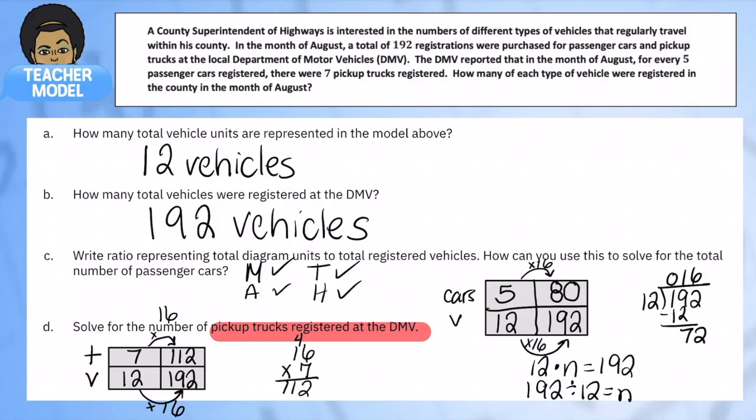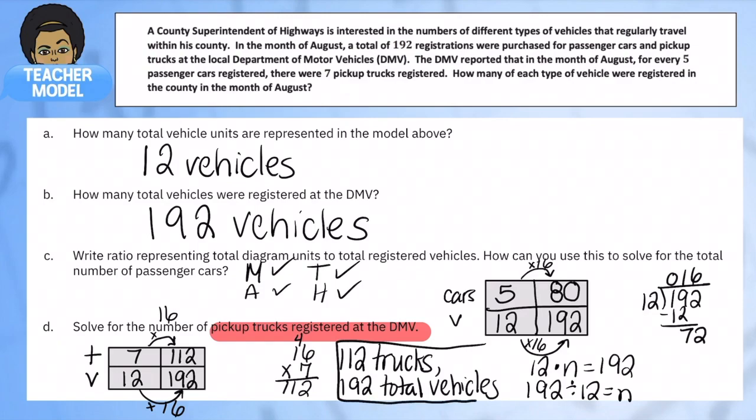So that answers my question. There are 112 trucks. And 192 total vehicles. I'm going to box this off so we have it and we can see everything.